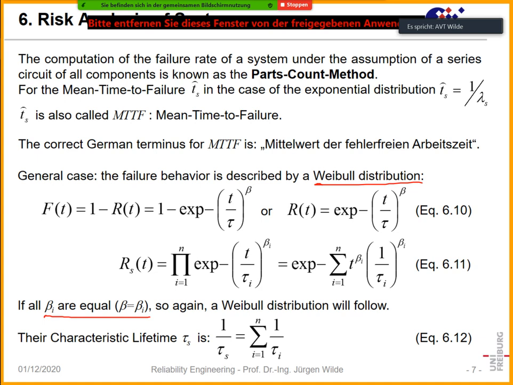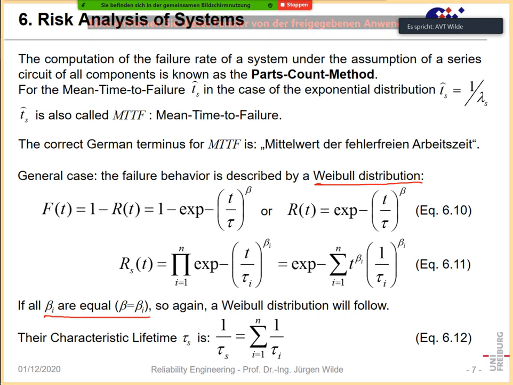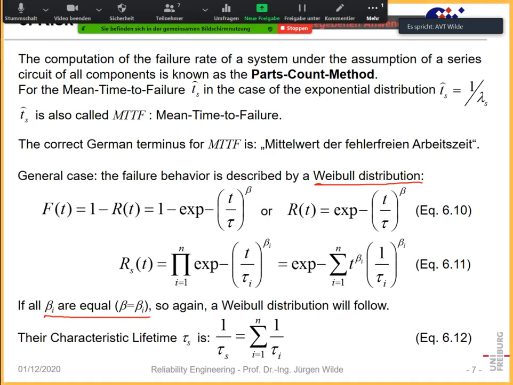If all of the beta are equal, it will become more simple, because the inverse of the characteristic lifetime of the system is just the sum of all inverse values.